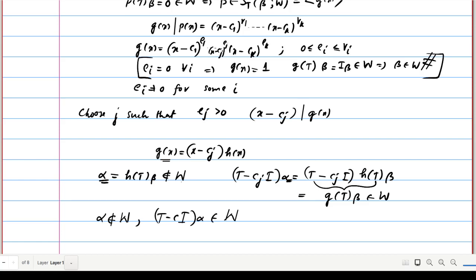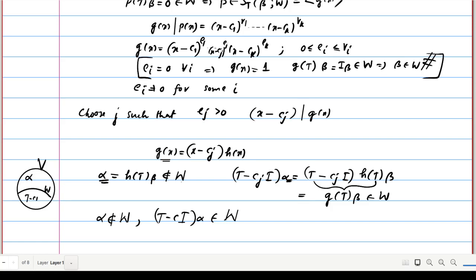So there exists alpha not in w such that t minus ci of alpha belongs to w. This shows that if we choose any proper subspace w of v, then we can get an element alpha which is not in this subspace, but t minus ci of alpha is in w.